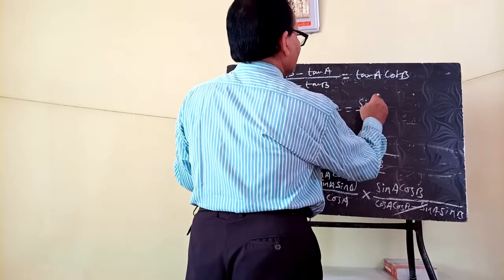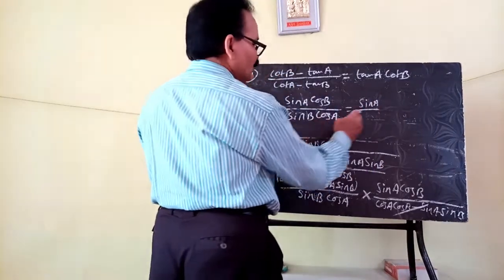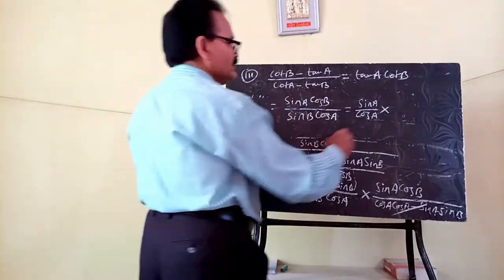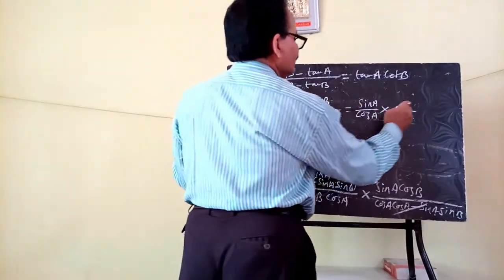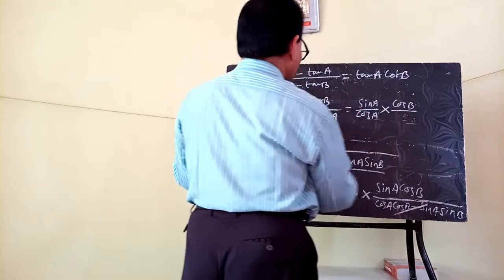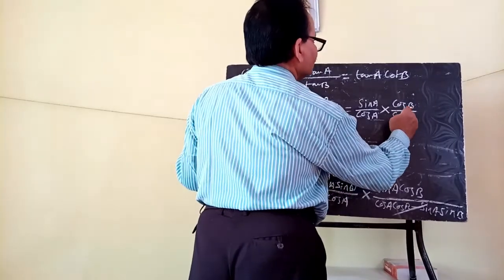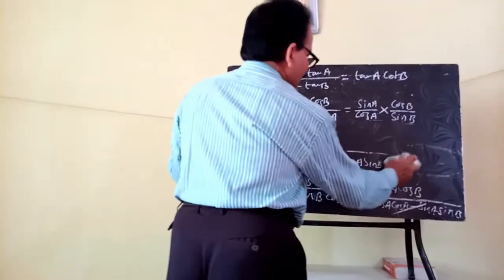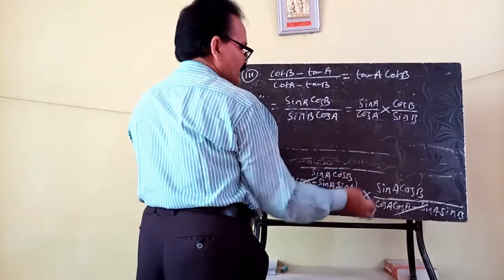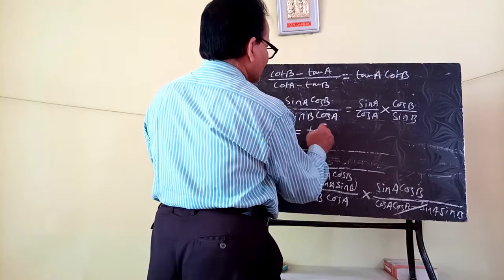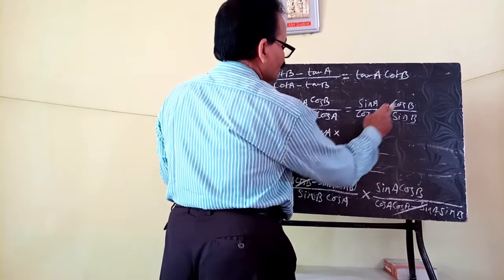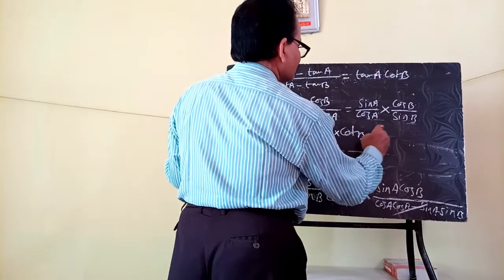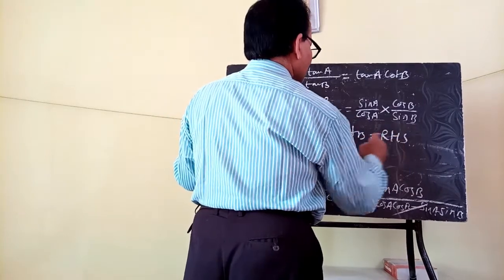Here after sin A, in the denominator you write cos A, then put a multiplication sign, and in the numerator this cos B and denominator sin B. Okay, so finally what you have got? Finally you have got sin A by cos A is your tan A into cos B by sin B is your cot B. This is your RHS, hence proved.